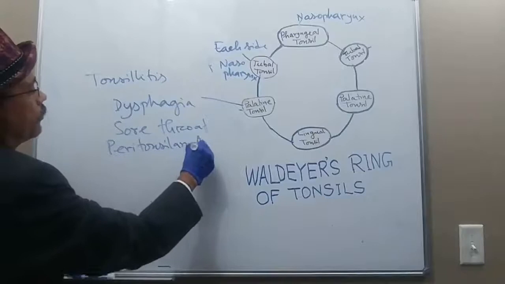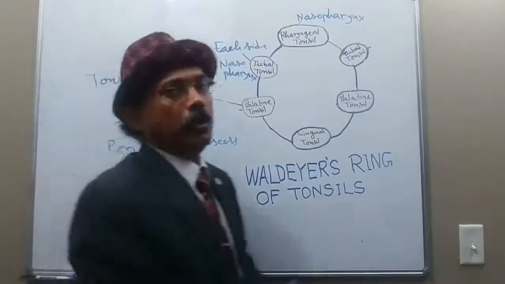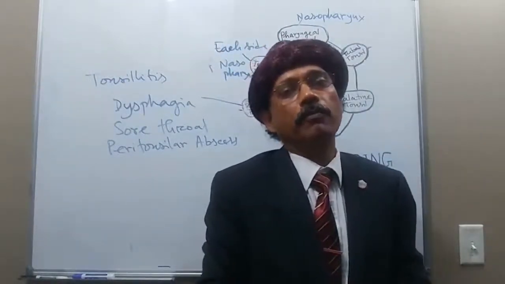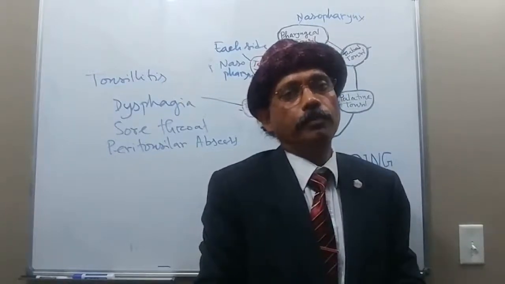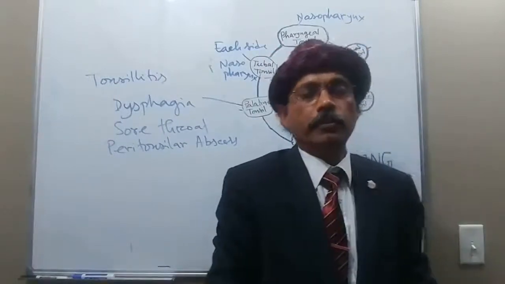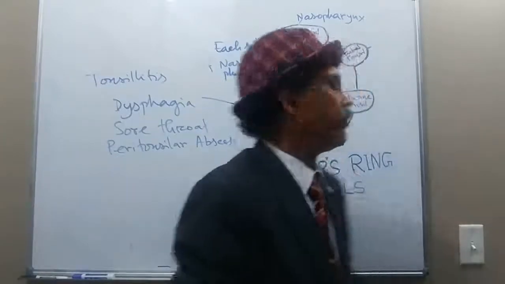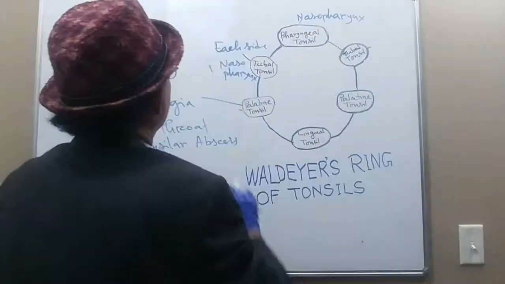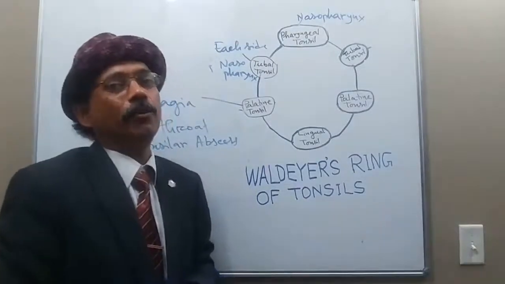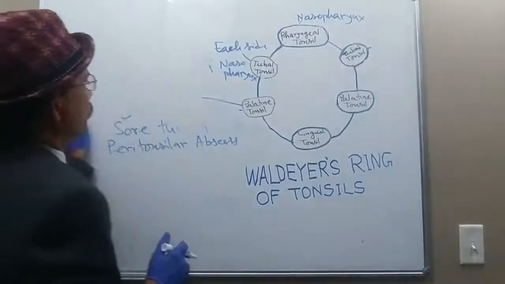From the palatine tonsil, a certain percentage of children may develop rheumatic heart disease or kidney disease, glomerulonephritis, due to beta hemolytic streptococcal infection. It has a lot of clinical significance, and it was a very popular surgery done by the ENT doctor, the otolaryngologist, to do the tonsillectomy.